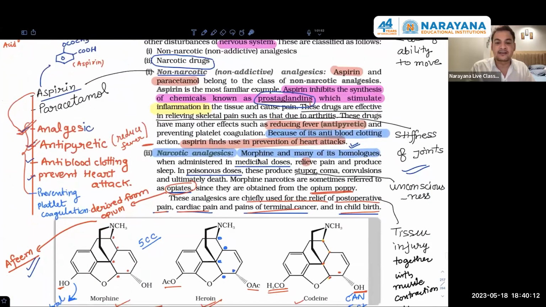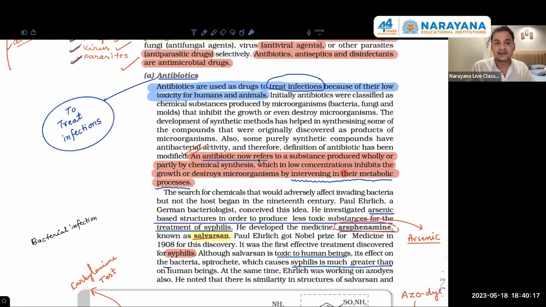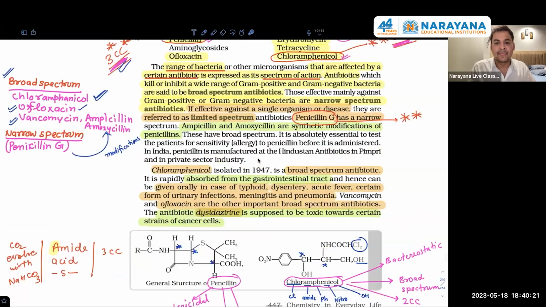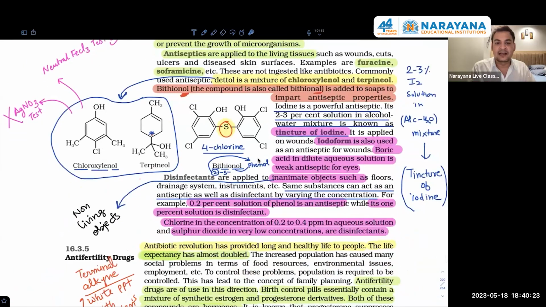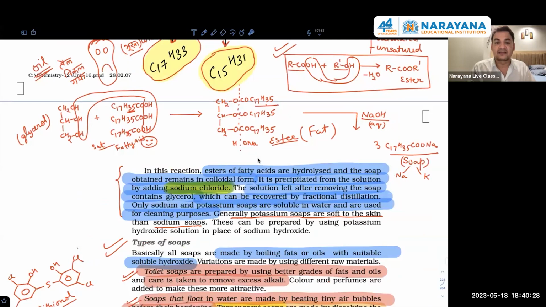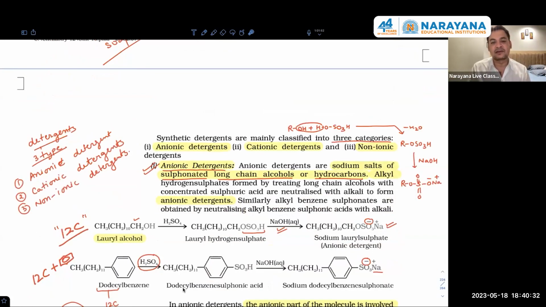I can share this chapter PDF, and you can revise many things I have written in the NCERT. Or if you have something good, please revise on your own, and then we can discuss this.